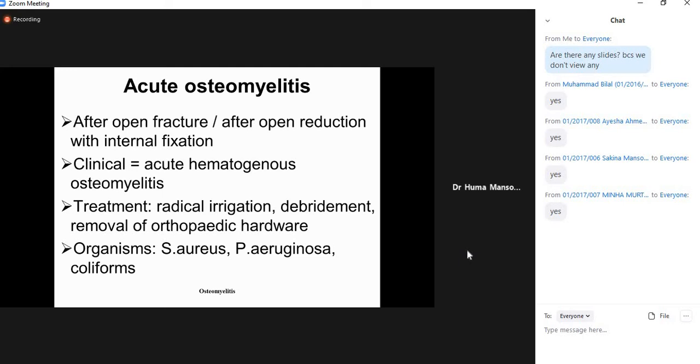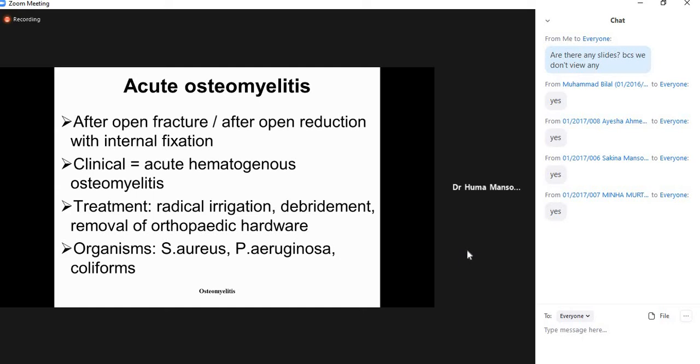As I talked about, acute osteomyelitis could be due to open fractures or open reduction with internal fixation, usually in adults, and that leads to osteomyelitis. That is, the organism first gains entry to the blood and then penetrates into the bone.